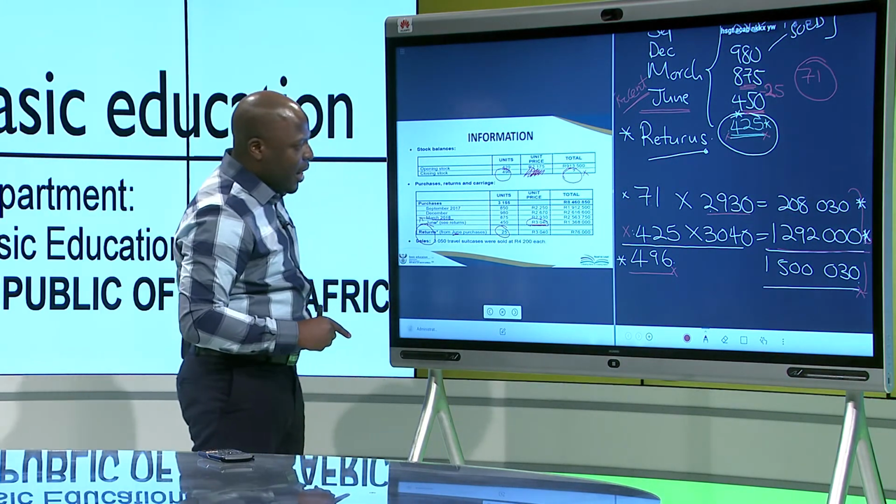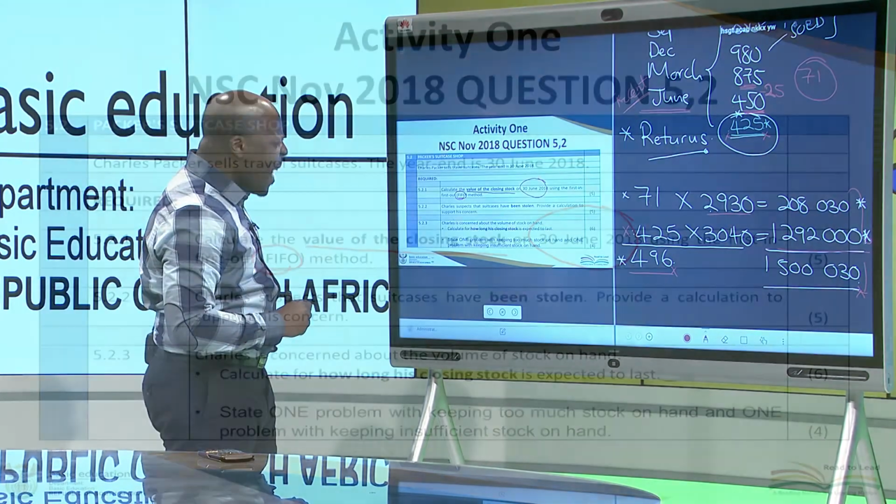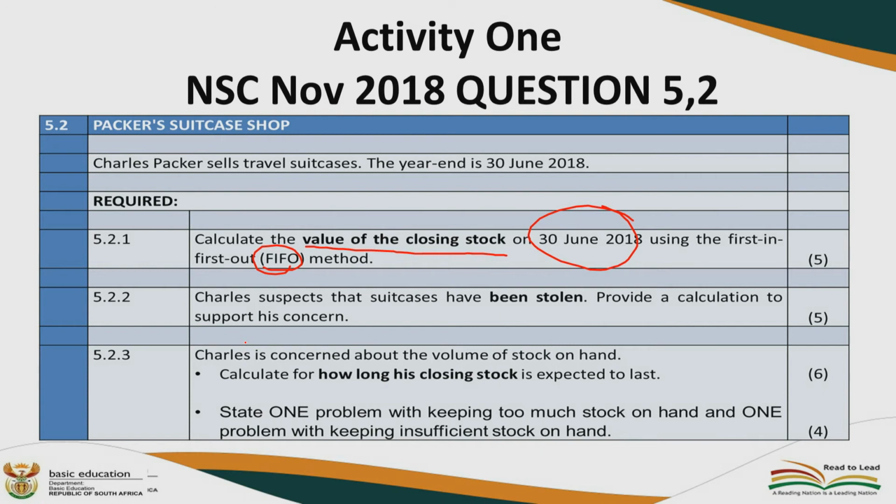I want us to go back to our question. The next question now says, this gentleman, the owner of the business, is now suspecting that there is a possibility that our suitcases are being stolen. So it says, Charles suspects that suitcases have been stolen.